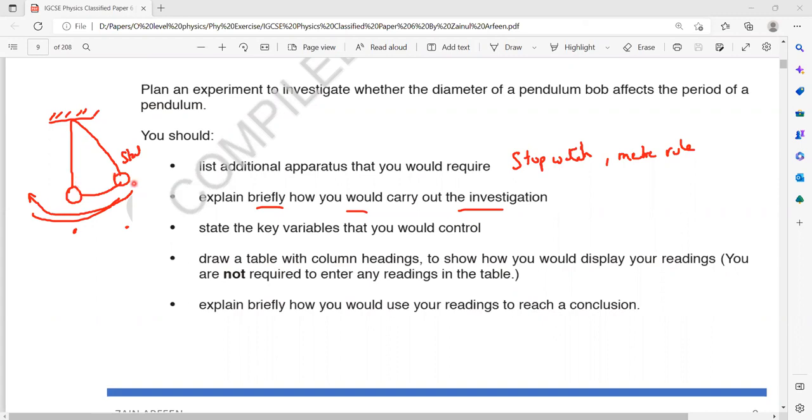So we mark the mean and extreme position, clamp the pendulum with a stand, displace it to its extreme position, start the timer and record the time for 20 oscillations, and then divide the time recorded by the number of oscillations to get the time period. Then repeat the procedure with a different size of pendulum, because we are finding how the diameter of the pendulum affects the time period.